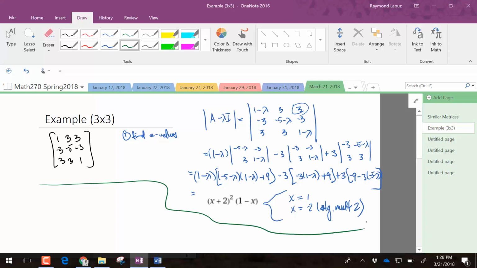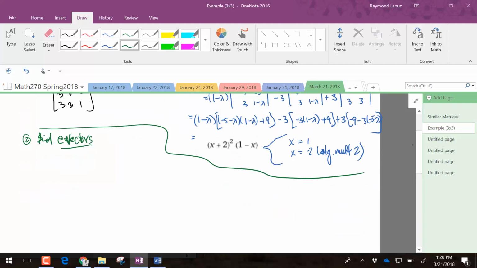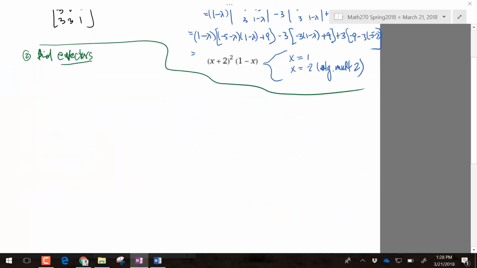So we find the eigenvalues, step 2. Find eigenvectors. They're hopefully linearly independent. So let's go and let's do 1 first.